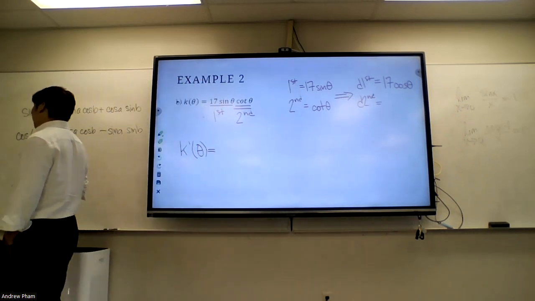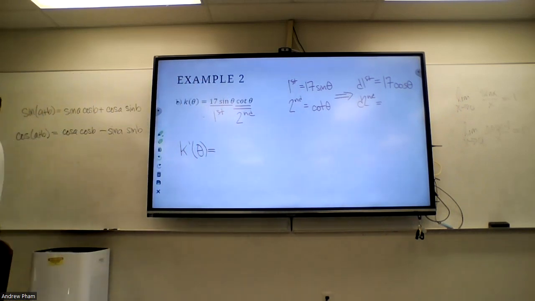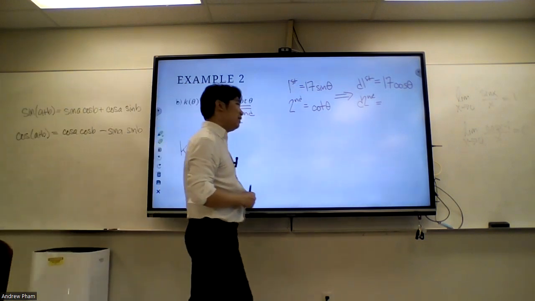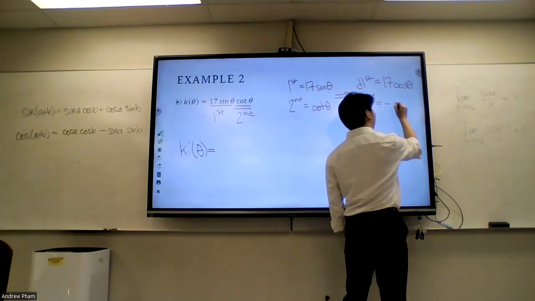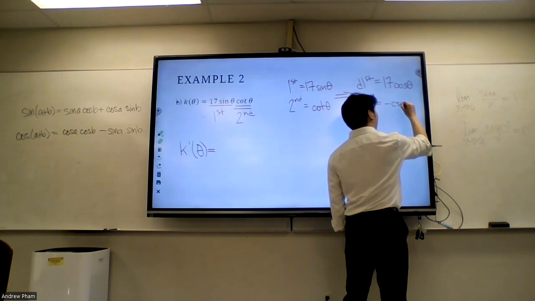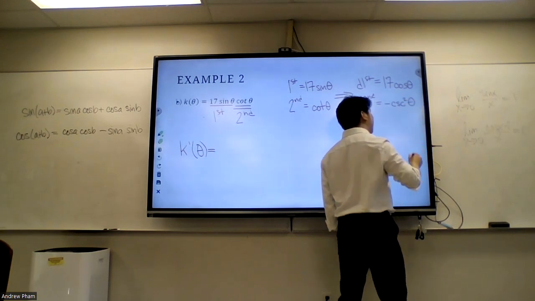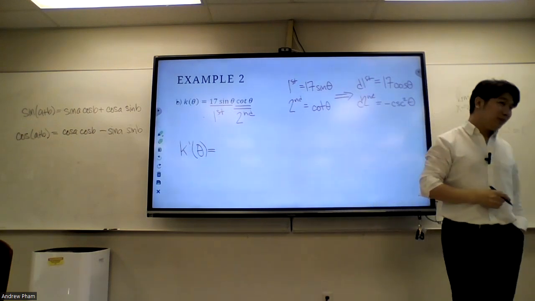Great. Now let's look at our second. Second is cotangent of theta. Looking back at those six trig derivatives, what's the derivative of cotangent of theta? Yeah, negative cosecant squared of theta.